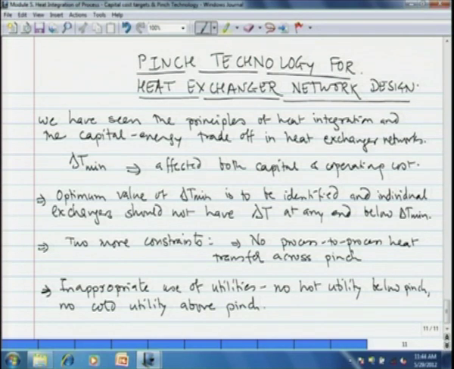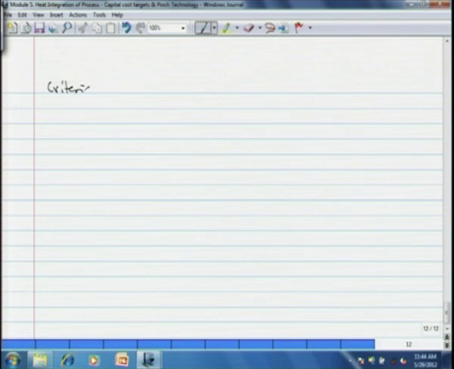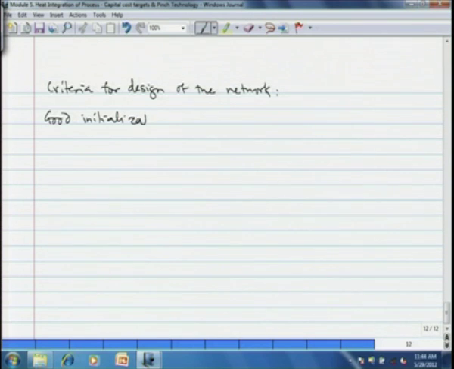Now, we can have some more criteria which help us in identifying the overall exchanger network design, and that we shall see now. When we start making the design, when we start placing matches between the streams, we should have good initialization, which means we should start the design at a point which has maximum constraints.